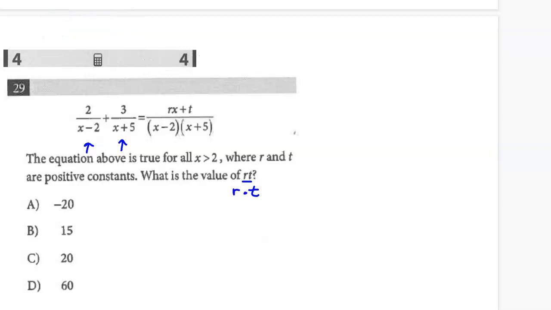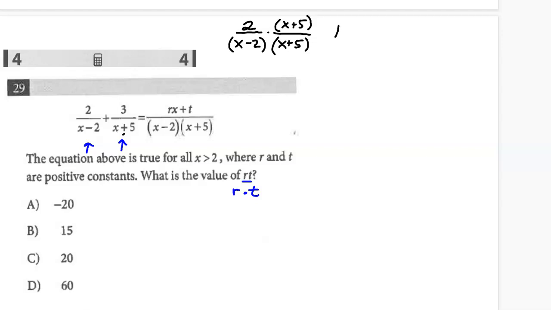All right, so let's write this out. I have 2 over x minus 2. And now what I'm going to do is multiply by x minus 5 over itself, the other person's denominator. Actually, it's plus 5. My bad.